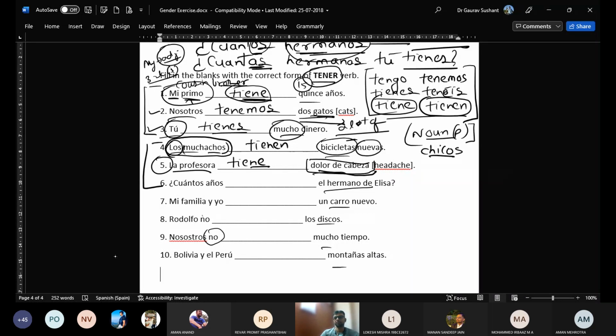Not so difficult. Dolor de cabeza. Okay. Dolor de cabeza means headache. So dolor is the pain and cabeza is the head. So that is how it is said in Spanish. In English it is quite straightforward, but in Spanish it is like this. So dolor de cabeza.